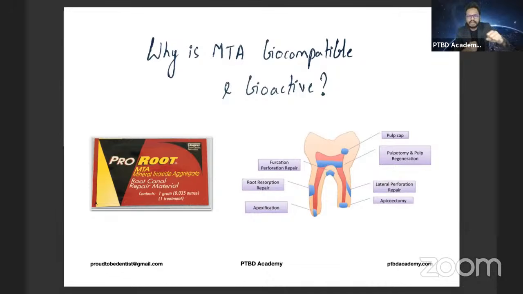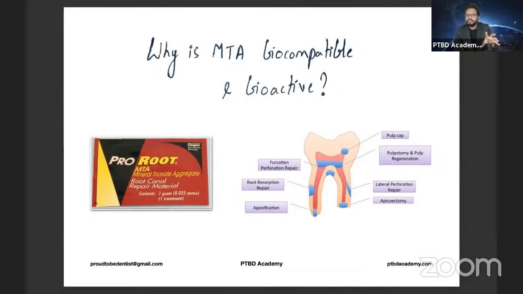It is biologically active in the sense it induces dental tissue formation, right? For suppose when it is used as a retrograde filling material, as you can see, apicoectomy, and then go for retrograde filling material, where you prepare a cavity and fill it up, it is known to produce cementum-like layers, right? So it is inducing dental tissue formation.